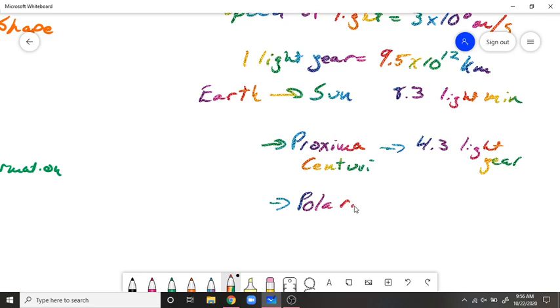Polaris, which is the North Star, is actually 320 light years away.